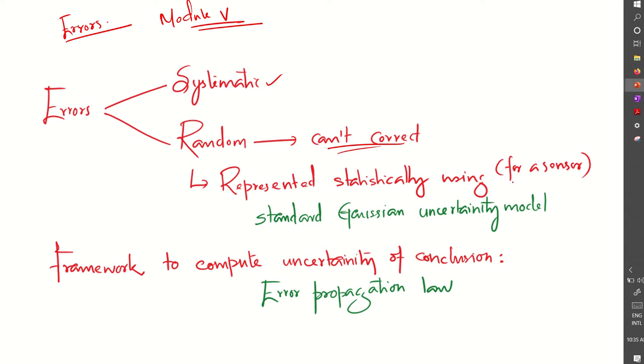Here we are talking about a single sensor, and using the statistical tool, that is the standard Gaussian uncertainty model, we will represent the random error. The framework to use this sensor error model so that we can conclude the uncertainty in the output is called the error propagation law.